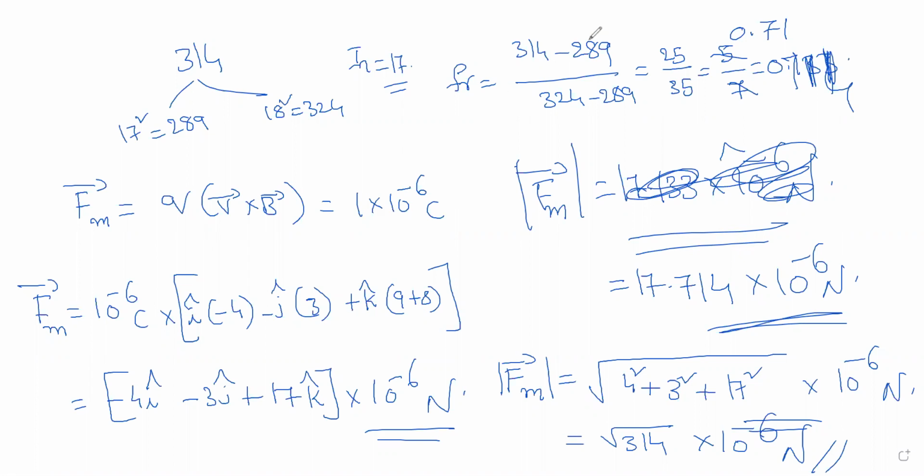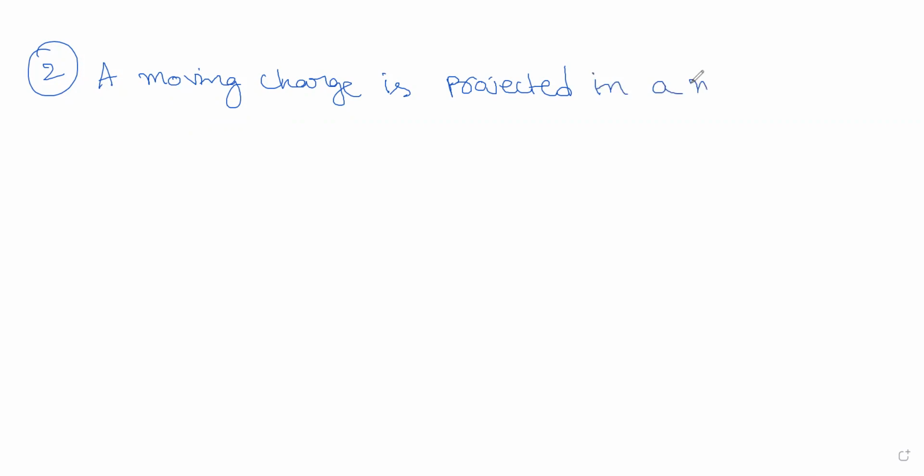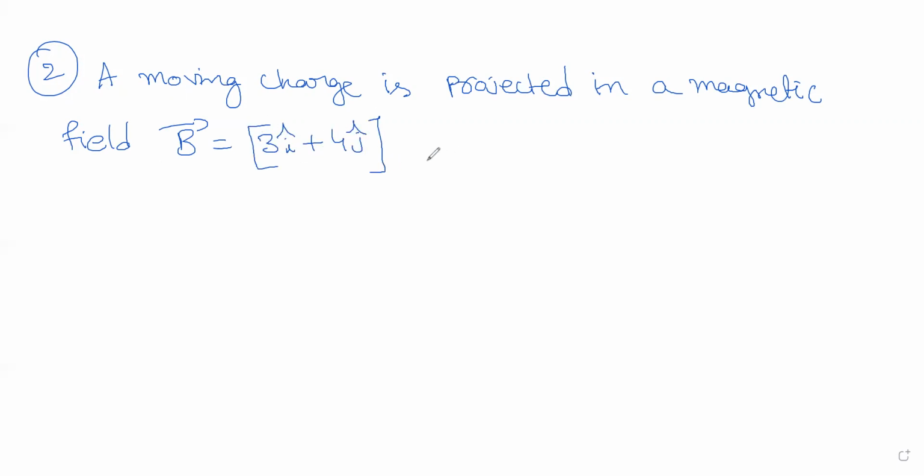There's a very interesting question now. A moving charge is projected in a magnetic field, B bar is equal to 3i cap plus 4j cap into 10 to the power of minus 2 Tesla.